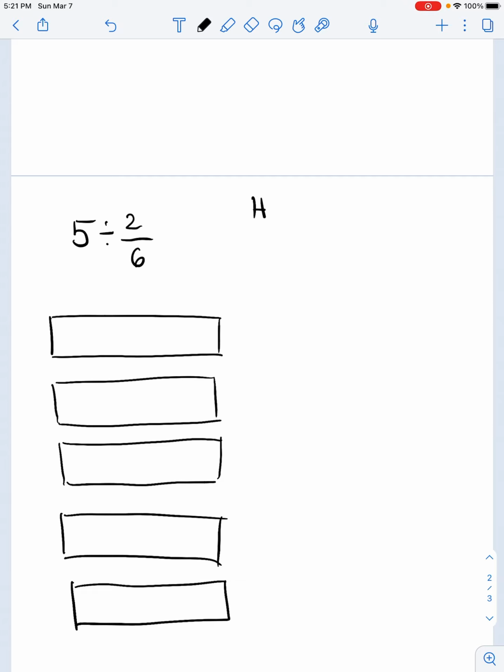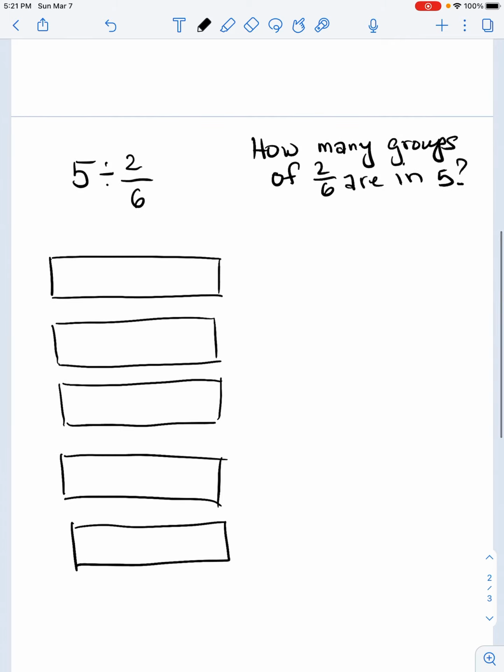So I want to know how many groups of 2/6 are in 5. Again, we're going to look at the denominator of the fraction to see how many pieces we have to divide each rectangle into, and we have to divide each rectangle into 6 pieces.